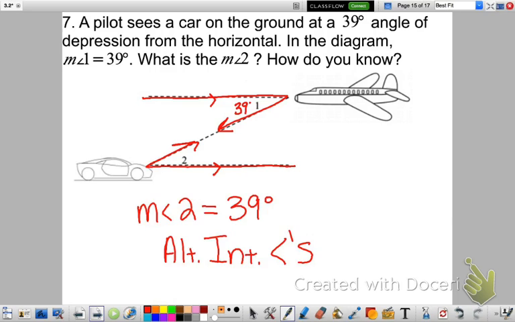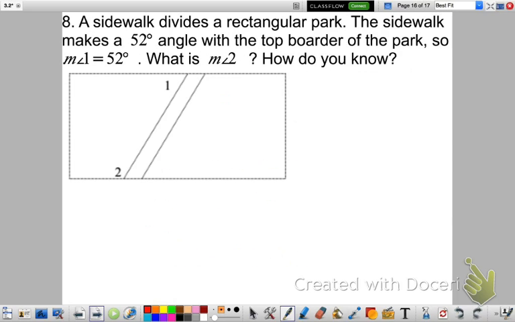On to number 8. So rectangles have parallel sides. And these parallel sides are cut by this transversal. We're told that angle 1 measures 52 degrees.